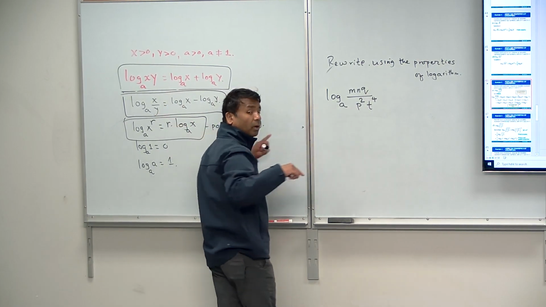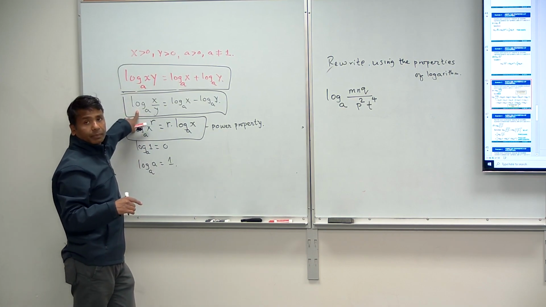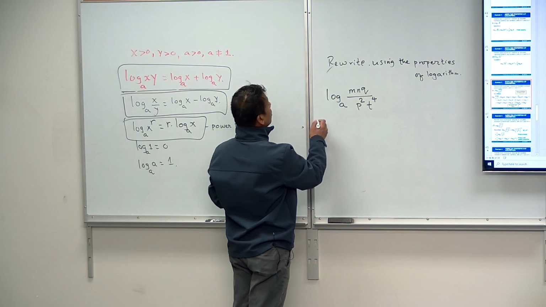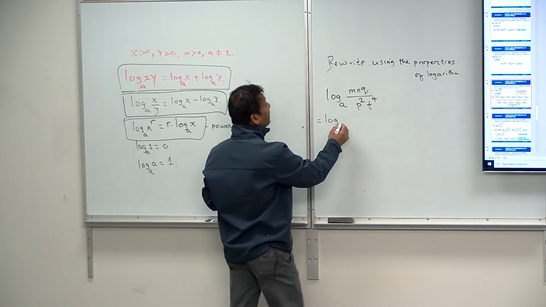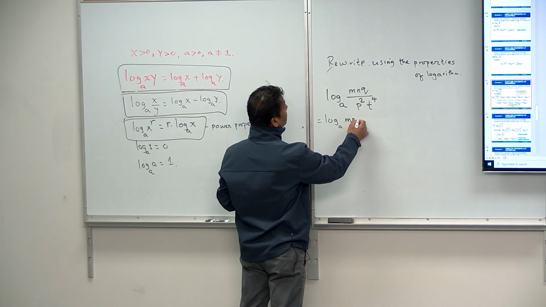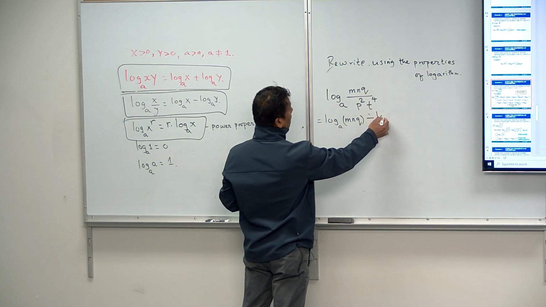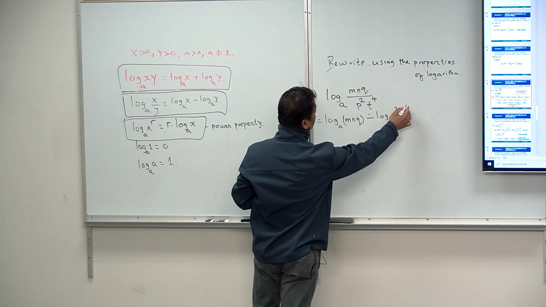First of all, we will use the quotient property. If you use the quotient property, it will be logarithm with base a of m times n times q minus logarithm with base a of p squared t to the power 4.